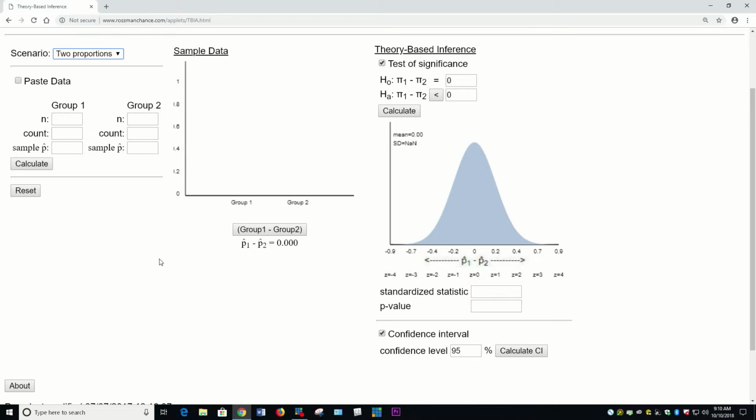OK, so I'm in the theory-based applet. Remember, this works for 1 proportion, 1 mean, 2 proportions, 2 means. So we're looking at 2 proportions. And you can use data, but we've just got summary information here. Group 1 is going to be our males. We had a total of 41 males.